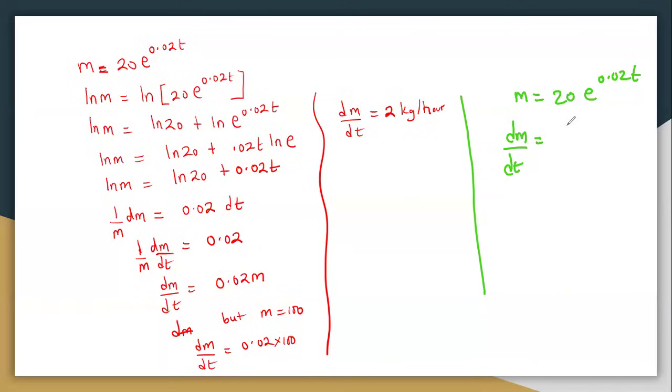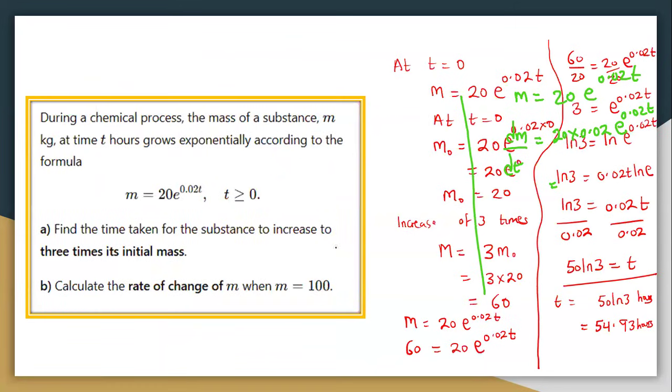When I differentiated it, I got 20 times 0.2 then e^(0.2t). Then when I substituted in the t up there... Oh, remember you didn't have a t. They didn't give you a t. They gave you an m, not a t. Okay, sir. Thank you, sir.